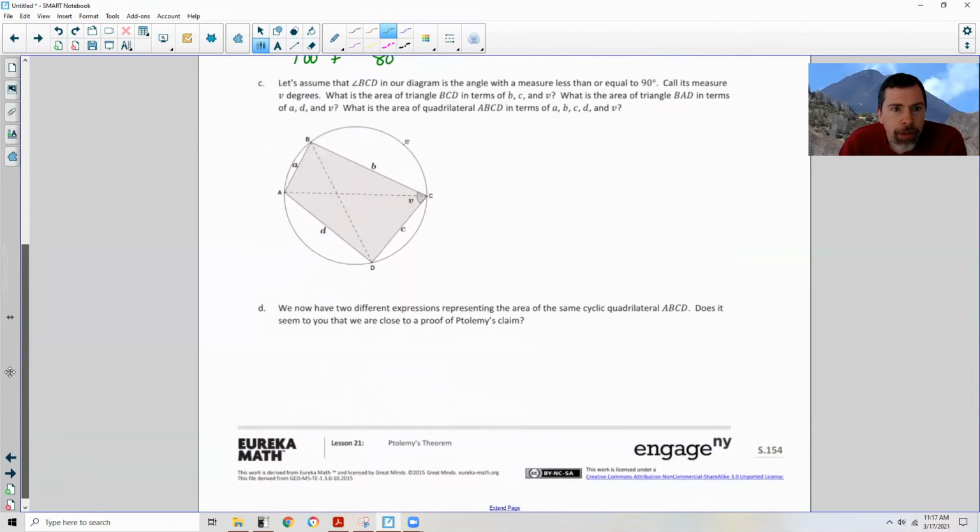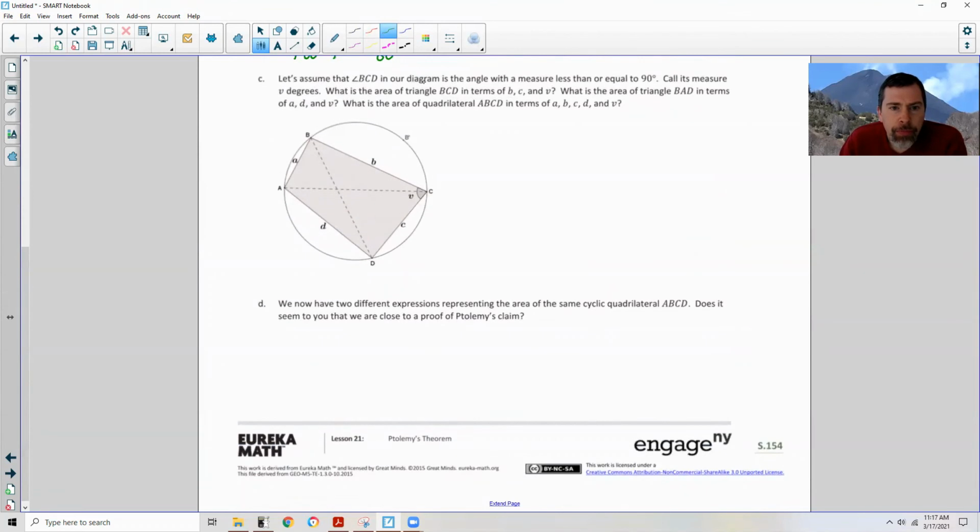Okay. Part C, let's assume that angle BCD, this one right here in our diagram, is the angle with a measure of less than or equal to 90 degrees. Call it measure V degrees. What is the area of triangle BCD in terms of BC and V?